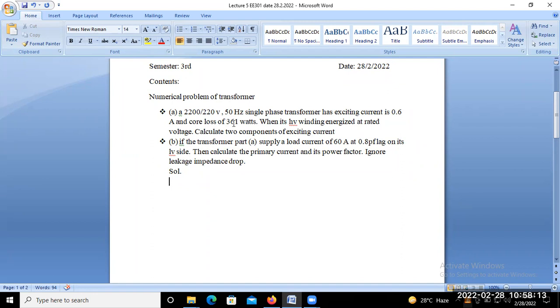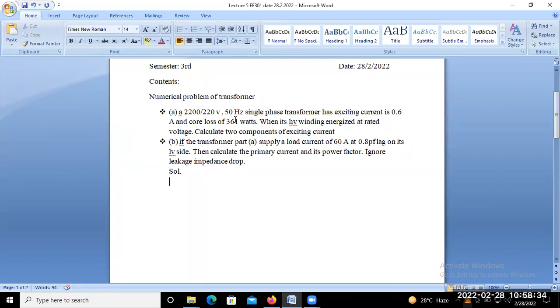The core loss value is given, 361. Core loss equals what? Core loss component current into voltage, that means Ic into V1.